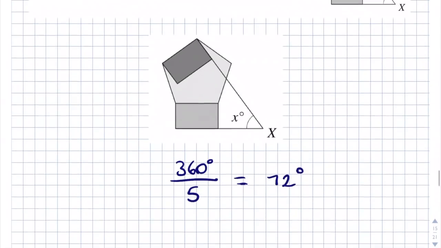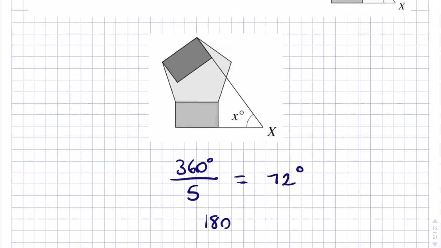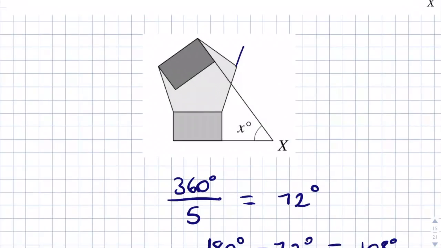So the interior angle is going to be 180 degrees minus the exterior angle, which is 72. So that's 108. So look at these angles here. That angle would have been 72, and this angle inside here is 108. Same with this angle, same with this angle, same with this one, and finally same with this one.